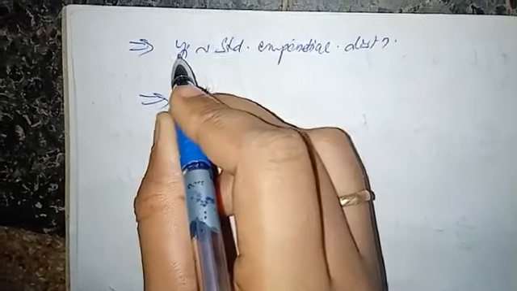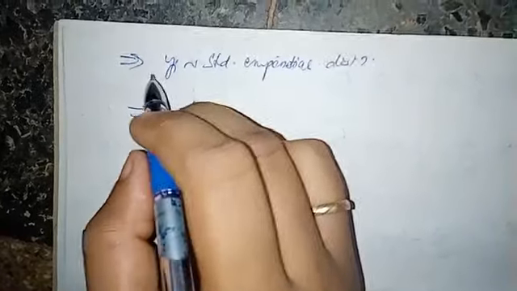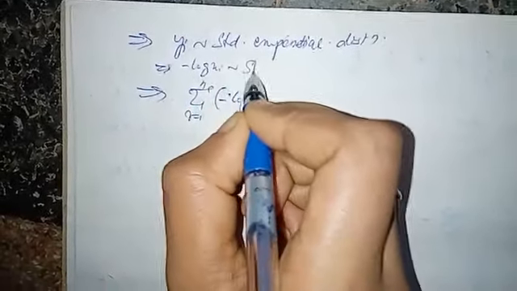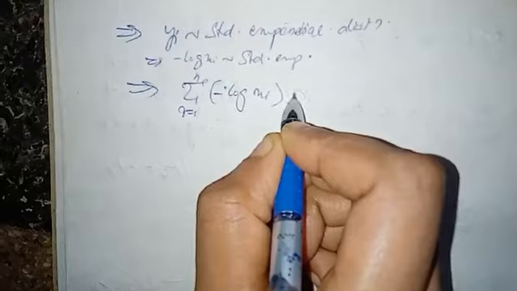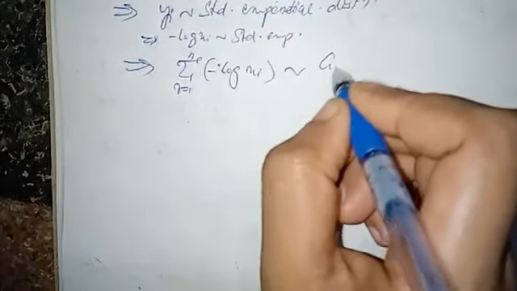Which implies minus log xi follows standard exponential. Then summation of minus log xi follows which distribution? It is the gamma distribution.